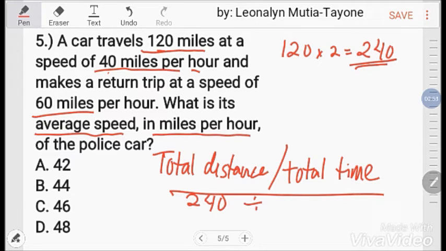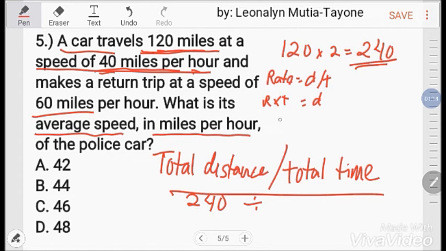Divided by yung total time niya. Yung 40 miles per hour, hindi man sinulat kung ilang time yan. So, knowing na ang rate ay equals to distance over time, so, rate times time equals distance, that means time equals distance over rate. Yung distance niya is 120.